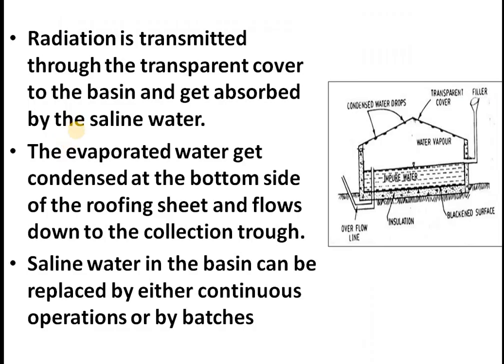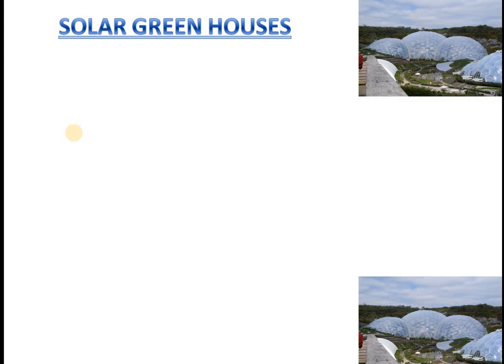So this is the last one, what is called a solar greenhouse. In one of the previous modules, we in fact discussed solar greenhouses. I hope you remember it. Basically, it is used to grow plants, vegetables, and other things in places where people experience heavy winter.